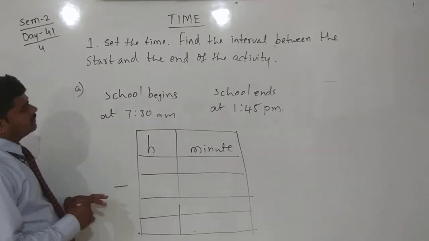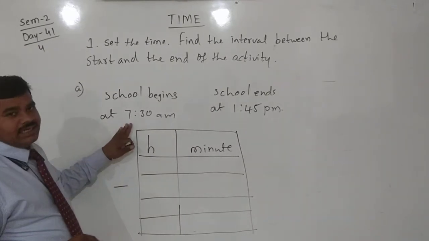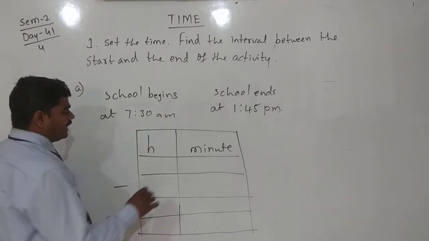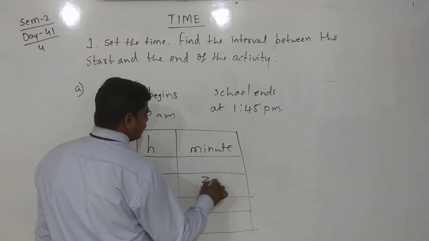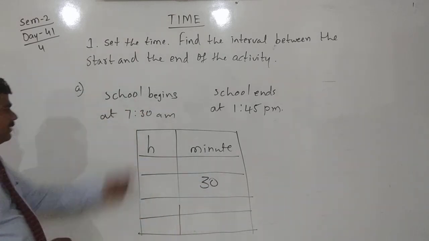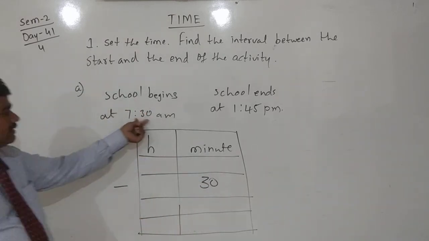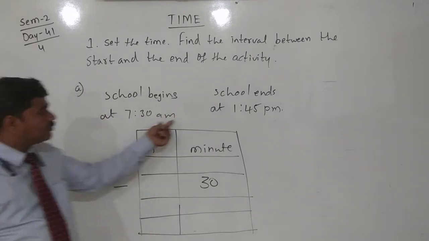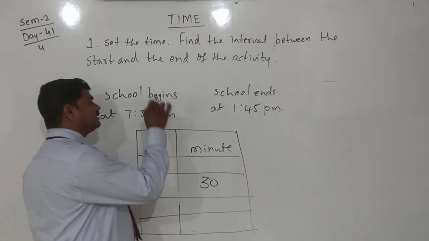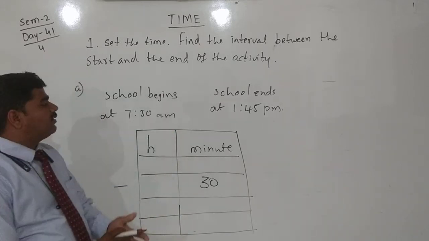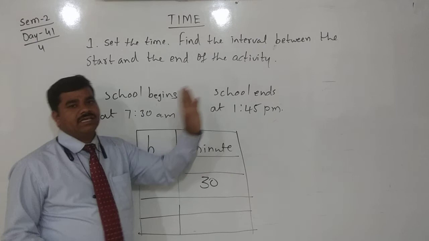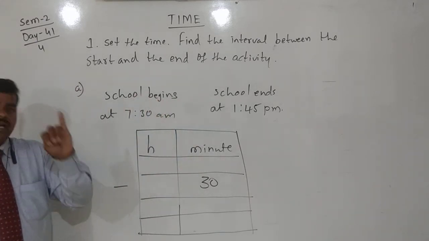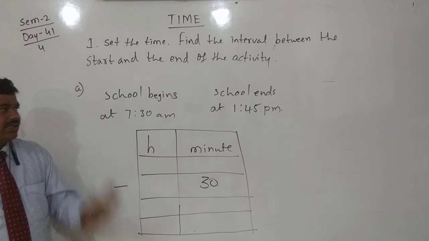Here first, it starts at 7:30. To become the next 30 minutes, that is 30 minutes. And then 8 o'clock. 8 to 1, AM to PM it is. 8 to 1 means how much interval? 8, 9, 10, 11, 12, 4 hours and 1 again, 5 hours.